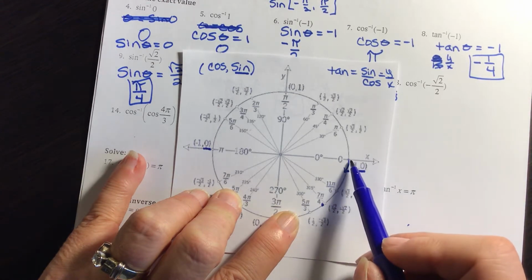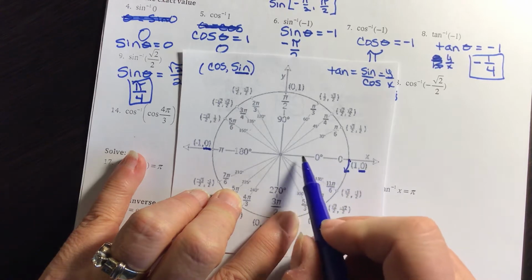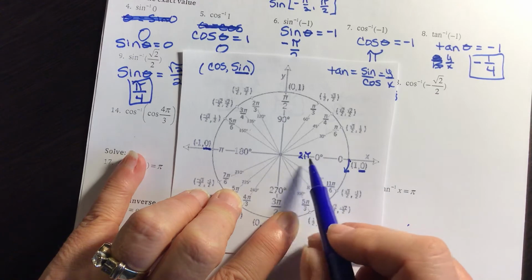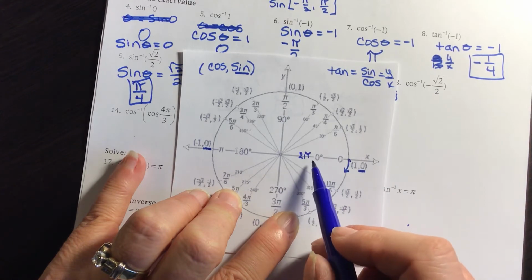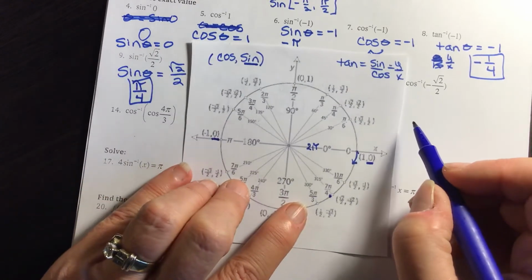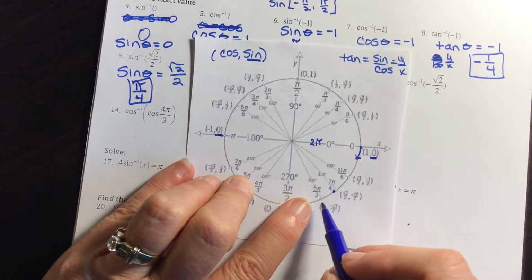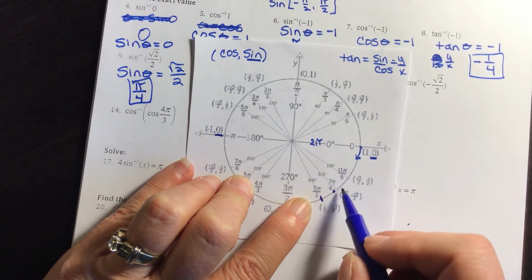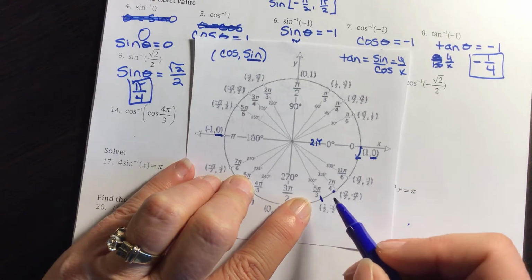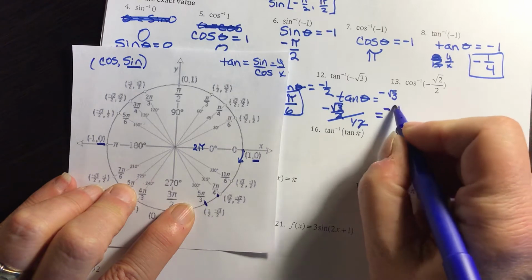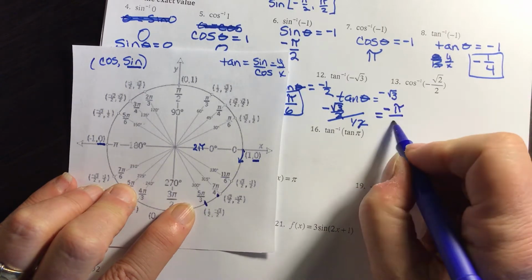So if I think that 2 pi is 6 pi over 3, and I take away 1 pi over 3, I have 5 pi over 3. So this is going to be the negative pi over 3 angle. So this is negative pi divided by 3.